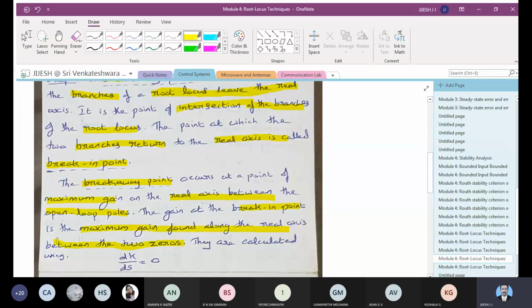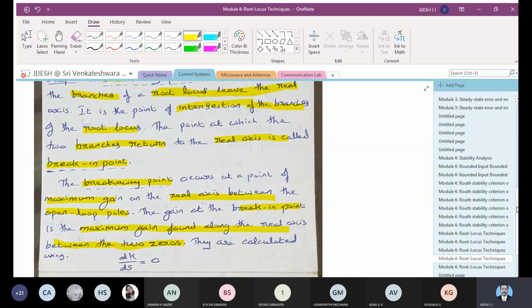So this is the main thing about breakaway point and break-in point. You will be drawing the poles and zeros. Breakaway point mainly focuses on the open loop poles, and break-in point has the maximum gain found along the real axis between the two zeros.